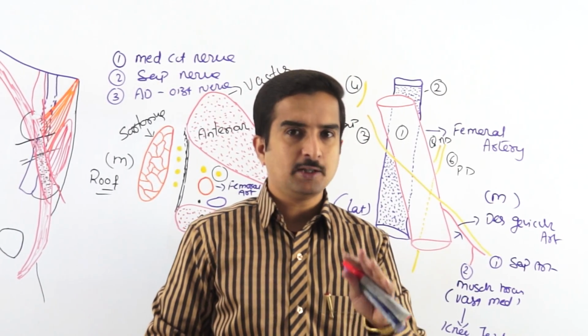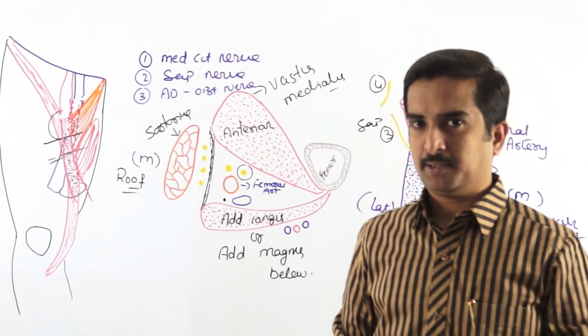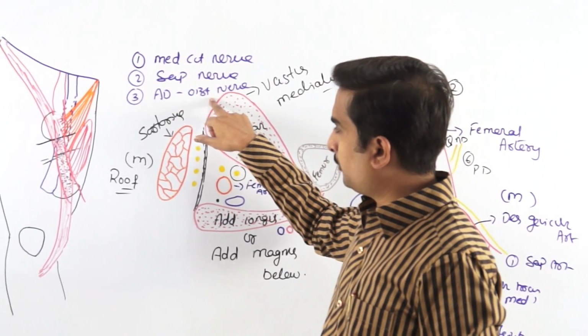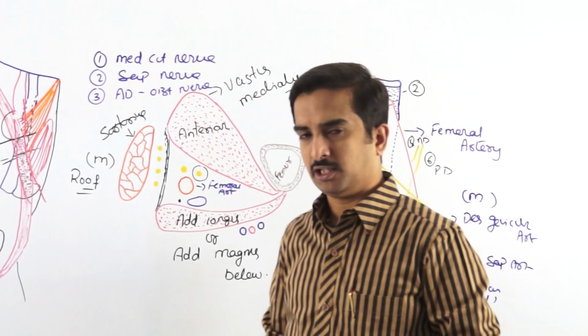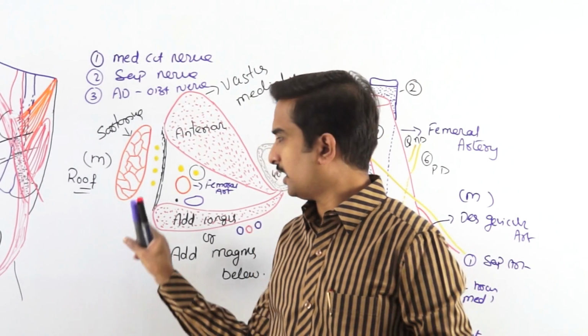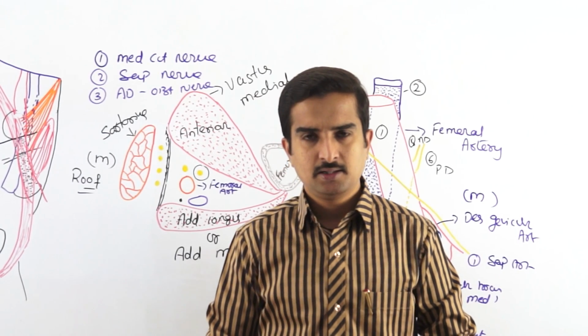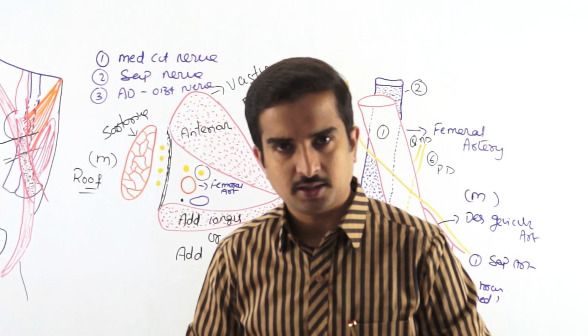Also one important point I want to tell you here: we studied the subsartorial plexus, right? So here the anterior division of the obturator nerve takes part in the formation of the subsartorial plexus. There are three nerves which take part in the formation of the subsartorial plexus. One is the medial cutaneous nerve of the thigh, second is the saphenous nerve, and third is the anterior division of the obturator nerve, right?